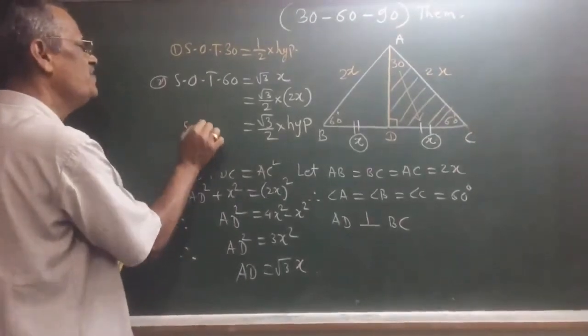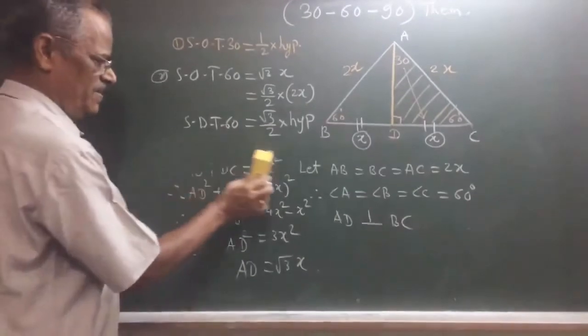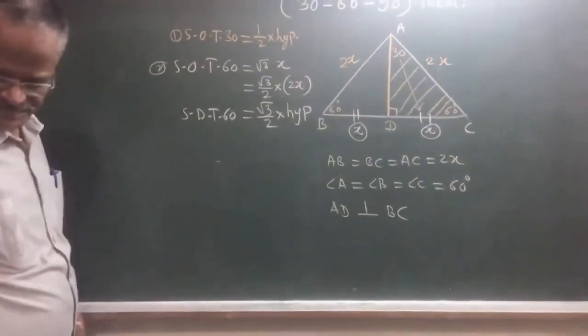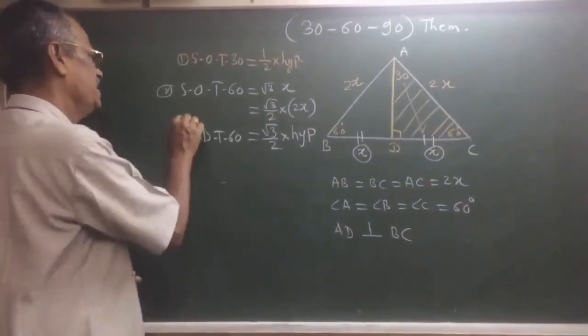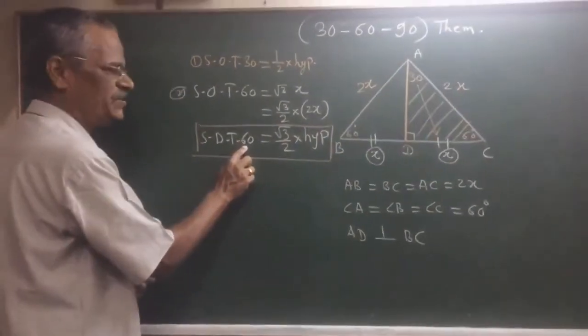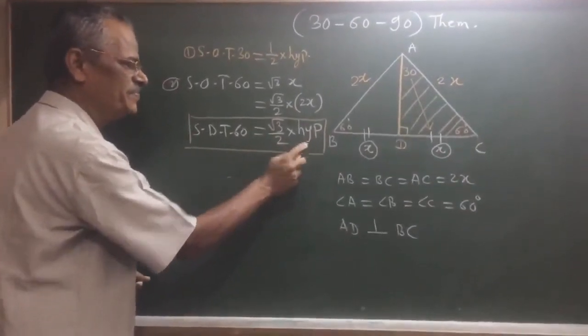So what is the important property we are getting here? It is like this: side opposite to 60 is root 3 upon 2 into HYP.